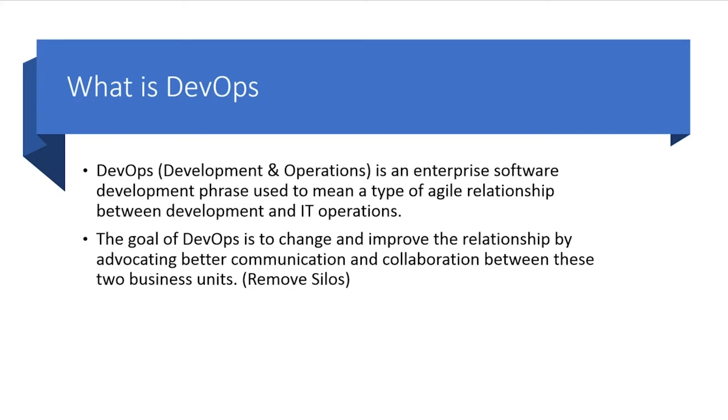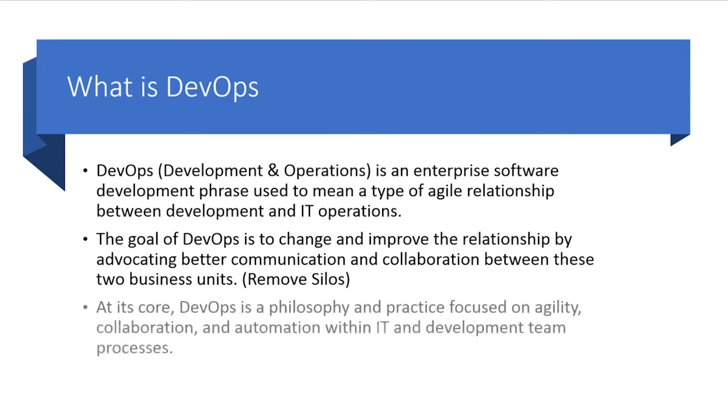The reality is that DevOps is not so much a technical exercise, it's really a people exercise. When it comes to communication and collaboration, it really is meant to remove silos. That's really the goal of DevOps. At its core, the philosophy and practice is going to focus on agility, collaboration, and automation within IT and development team processes.